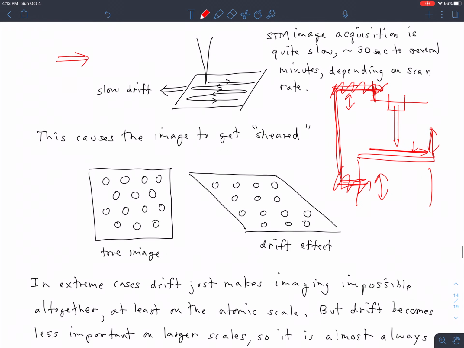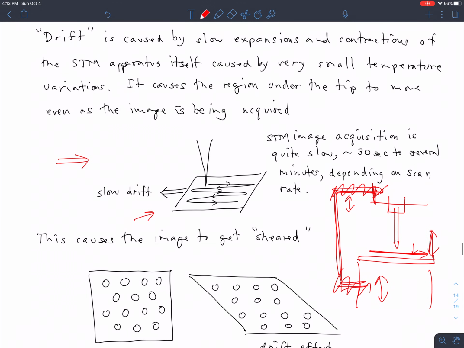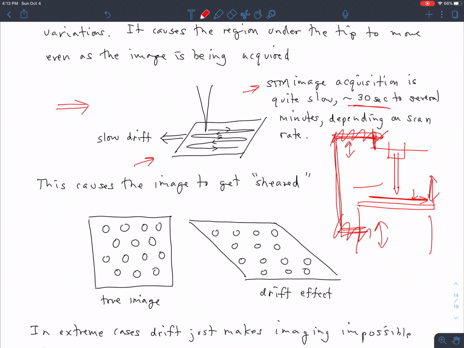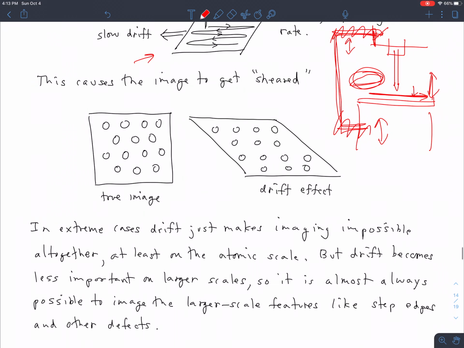And that means that as you're scanning, it takes quite a while to get an STM image usually. It can take about 30 seconds or even several minutes, and all that time your sample is drifting because of thermal changes. And that means that very often, here's the ideal image, and here's what you actually get, in effect, because the sample was shifting as you were scanning, and you have to correct for that.